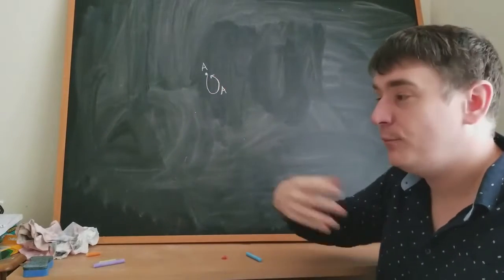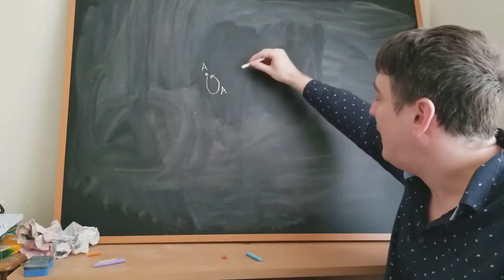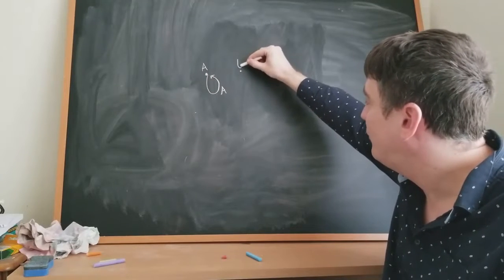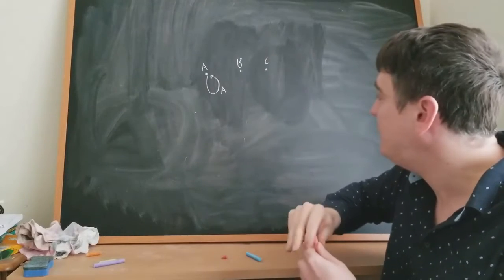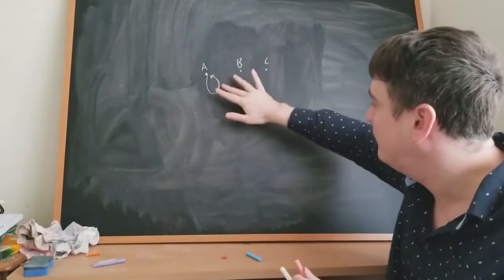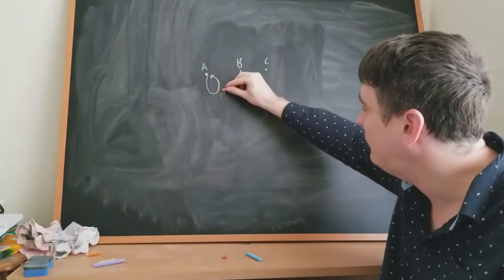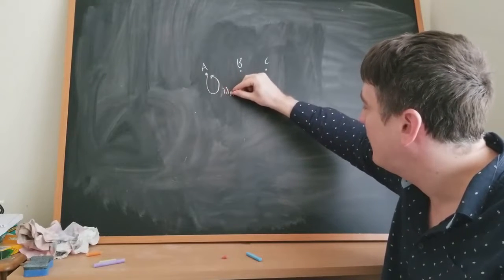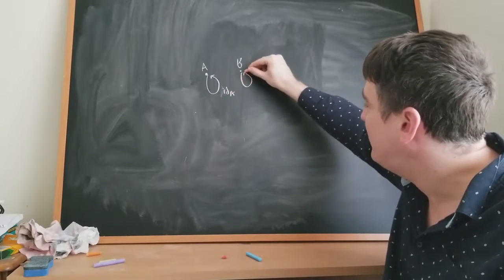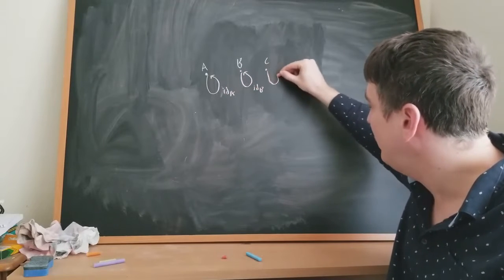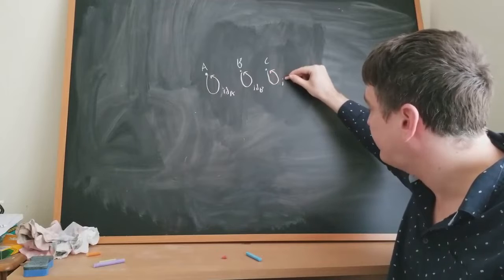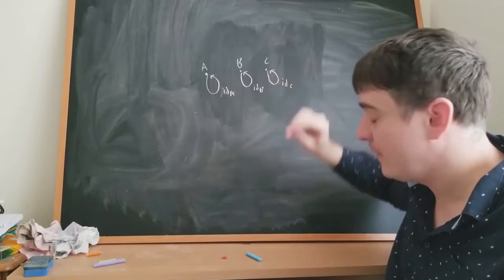So moving up slightly, we have these categories which have multiple objects, but only these identity arrows. I should call that IDA, excuse me. And then this will have an identity arrow IDB, and this will have an identity arrow IDC.